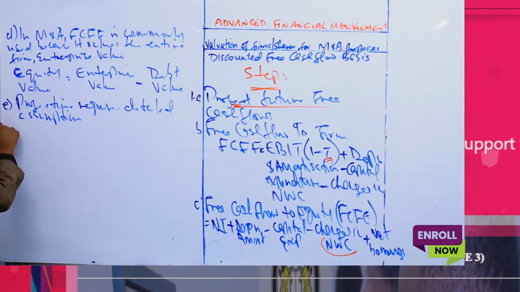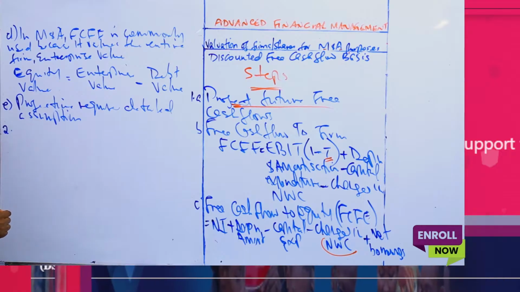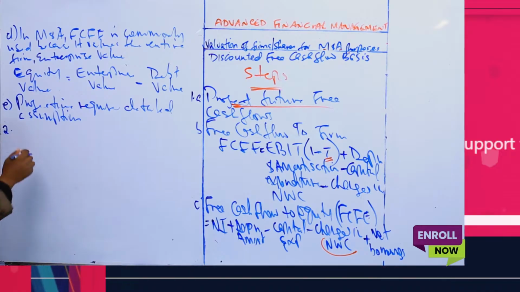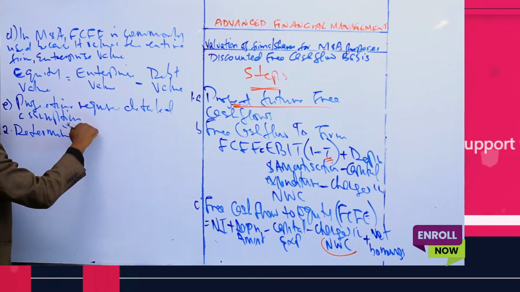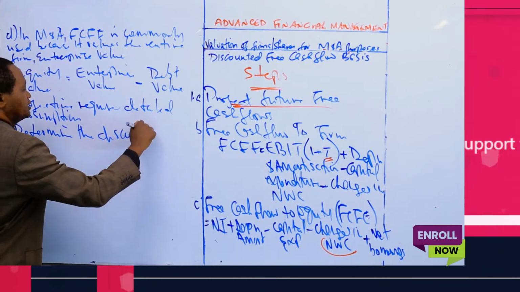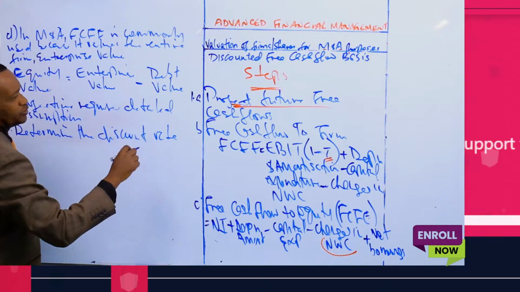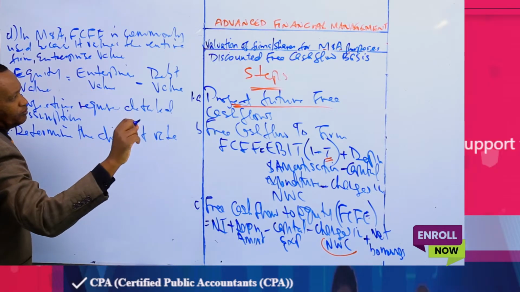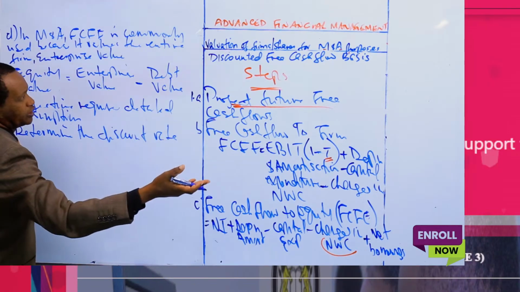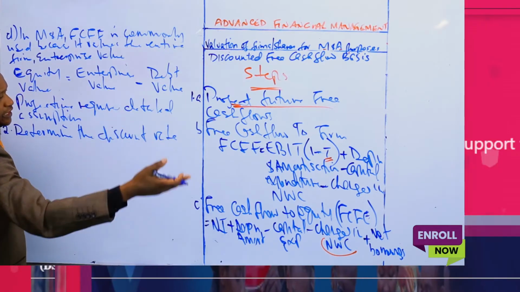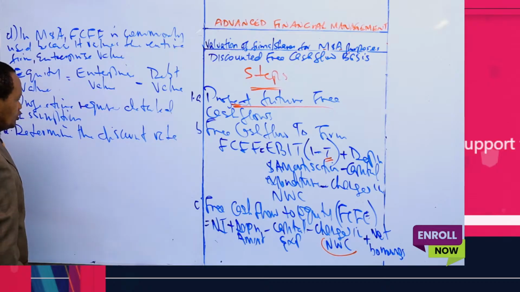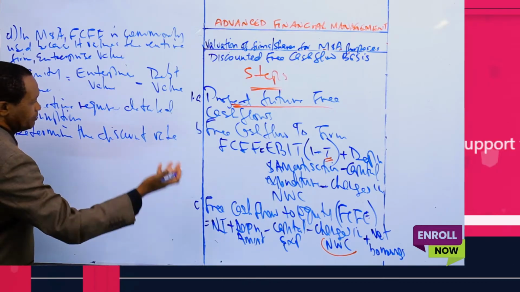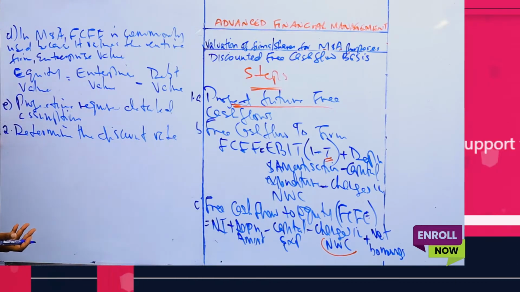Then in step number 2, you determine the discount rate. Now, candidates, we are discussing the discounted free cash flow method that we use in valuing a target for mergers and acquisition purposes. The second step is determining the discount rate.